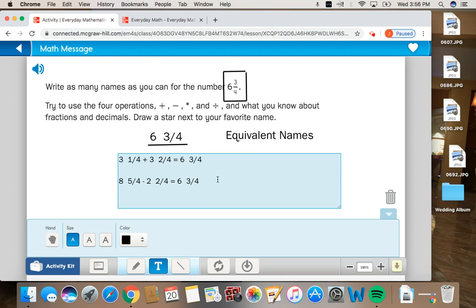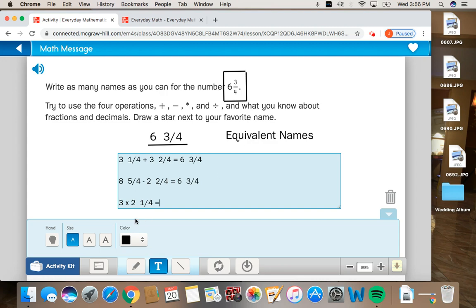And then I did a multiplication example. I was thinking of something that we learned recently, which was multiplying a whole number times a mixed number. So I thought of doing 3 times 2 1/4.